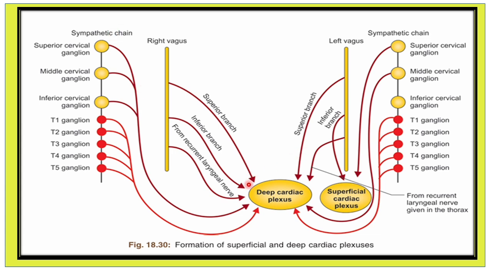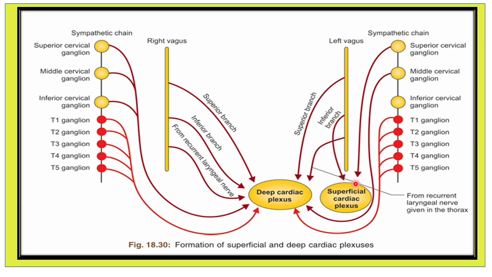This is the diagrammatic representation which I mentioned in the earlier slides, showing how the superficial and deep cardiac plexuses are formed. The superficial cardiac plexus is formed by the inferior cervical cardiac branch of the left vagus nerve and the superior cervical cardiac branch of the left cervical sympathetic trunk.